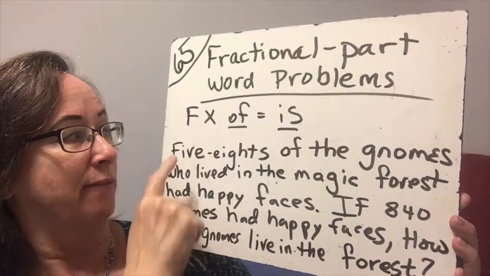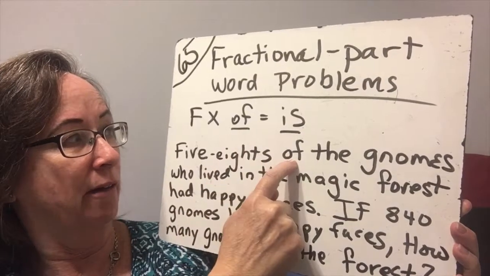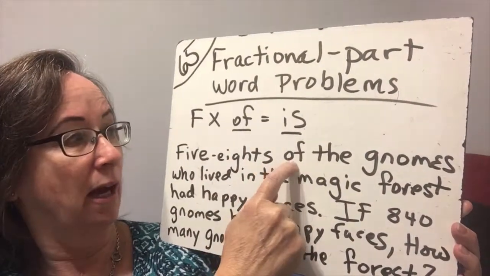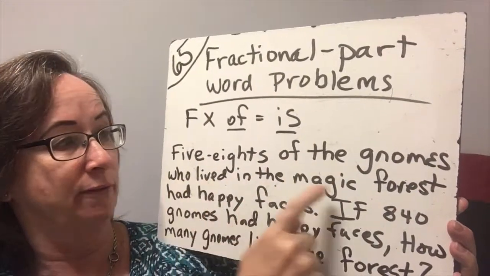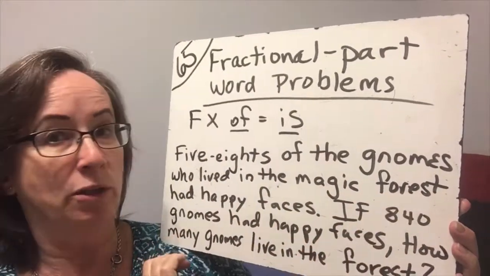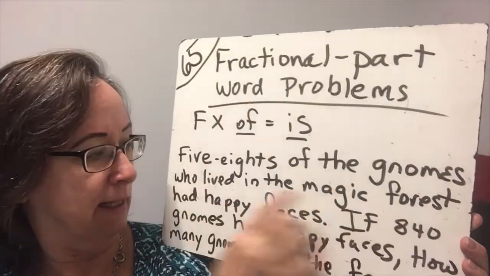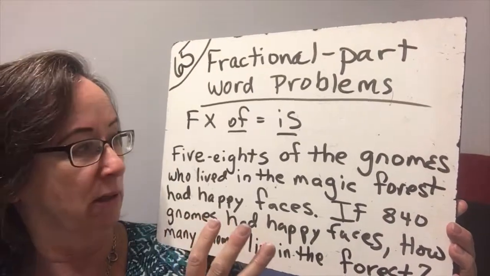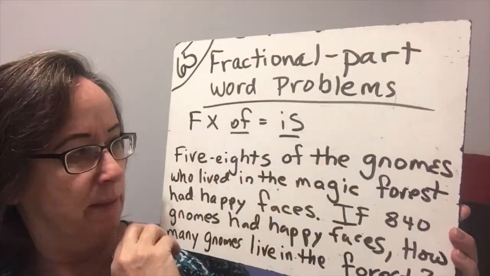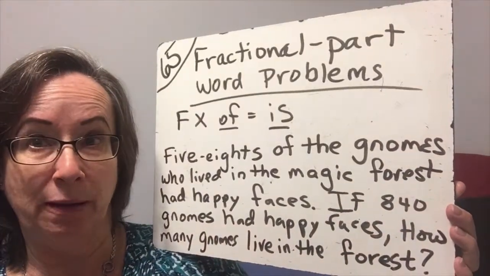So we have F is the fraction, 5/8 of, remember, of is always the times, of the gnomes who lived in the magic forest. So we're going to let the what number be the gnomes that lived in the magic forest, and then they equal 5/8 of all of them equaled 840 because 840 had happy faces. So let's work this one out.